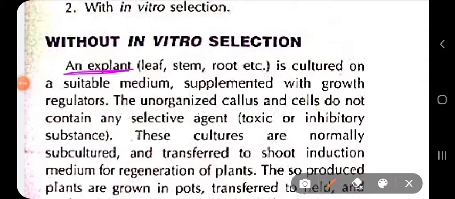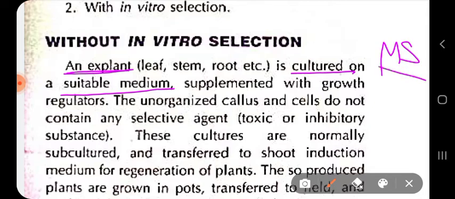An explant such as leaf, stem, root is cultured on a suitable medium. Preferably we use MS medium, Murashige and Skoog medium, which is supplemented with growth regulators. So we take an explant, and that explant is cultured on a suitable medium, which we normally do in tissue culture.